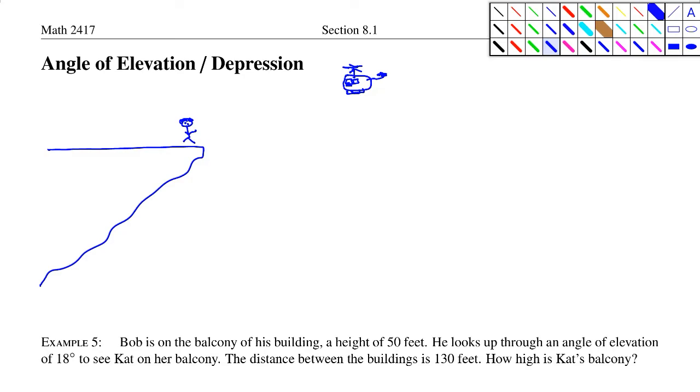Then the angle to the helicopter with respect to the horizontal is called the angle of elevation.